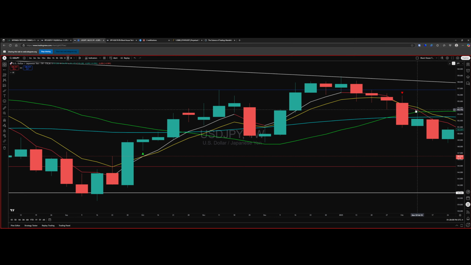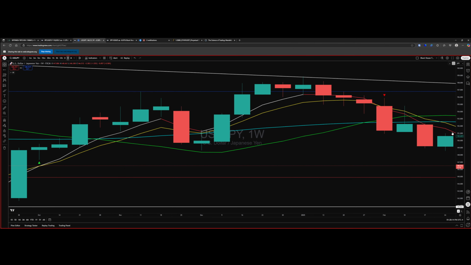There's no snapback to test the 5 EMA, and in fact, it's still bleeding. And so impulse down, there's no snapback, and in fact, you can't even break the weekly 50. Wick through it and all that stuff, but ran away like a scared little baby.